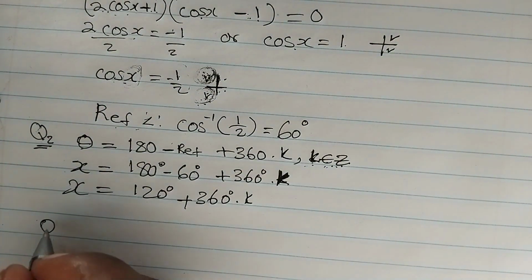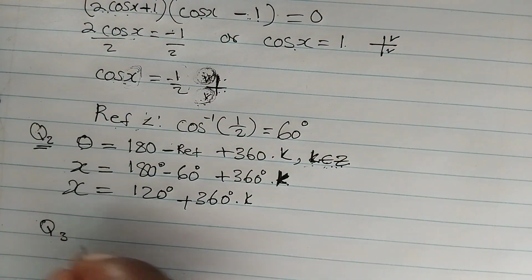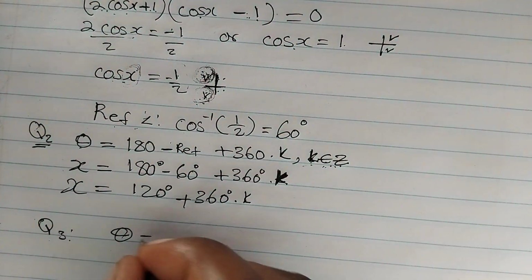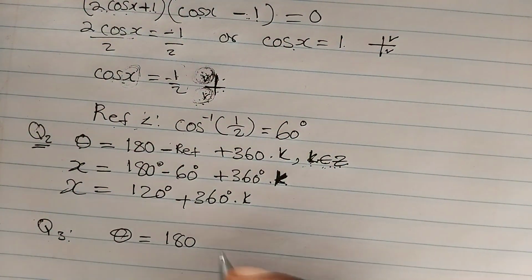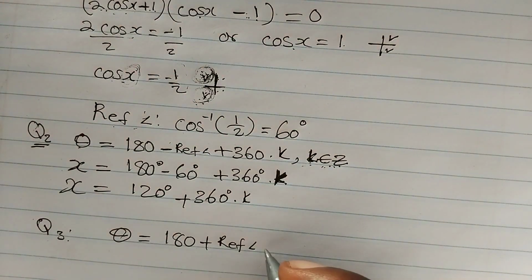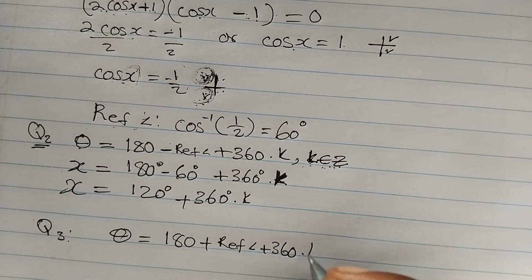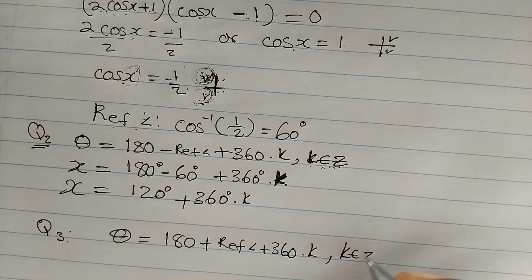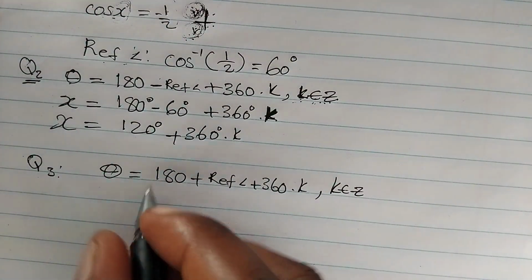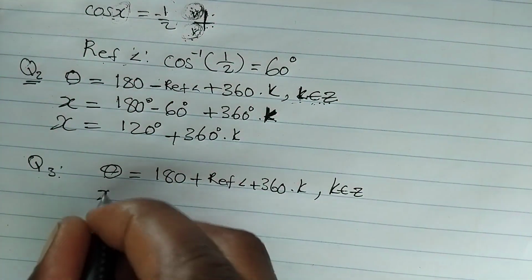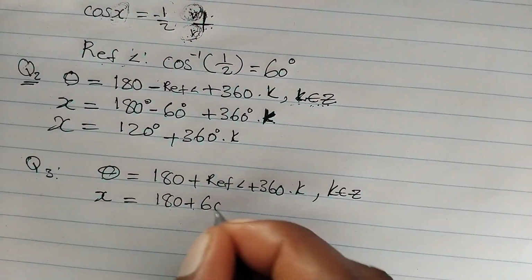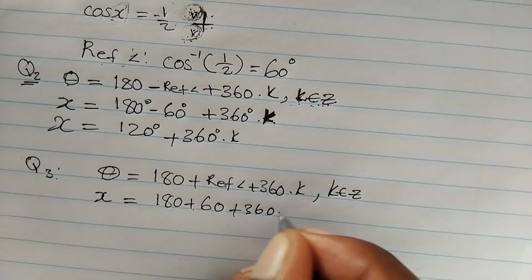So for quadrant 3, this will be given by theta equal to 180 plus your reference angle plus 360 times k, for k an element of integers. Then your angle is x, in this case 180 plus your reference angle of 60, plus 360 times k.